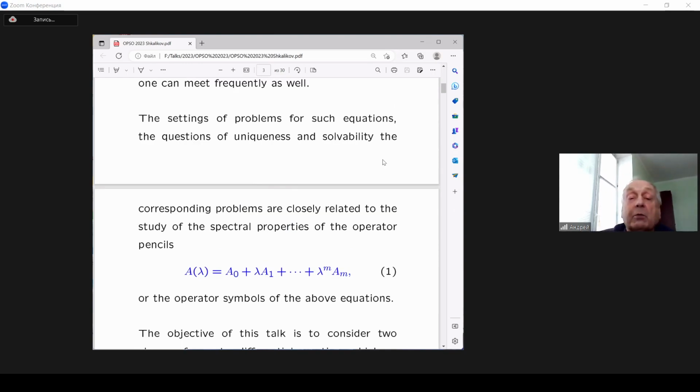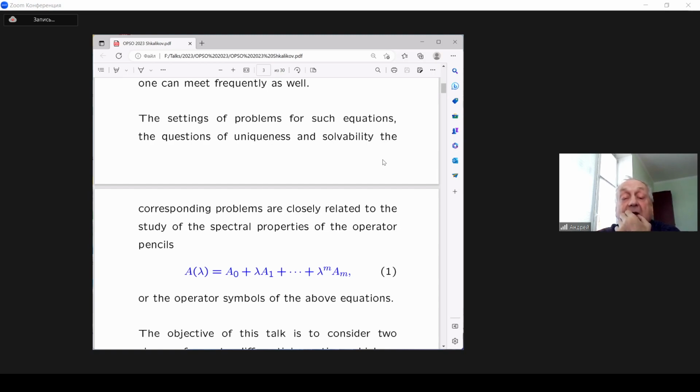The setting of problems for such equations, and the questions of uniqueness and solvability of the corresponding problems, are closely related to the study of the spectral properties of operator pencils of this form.